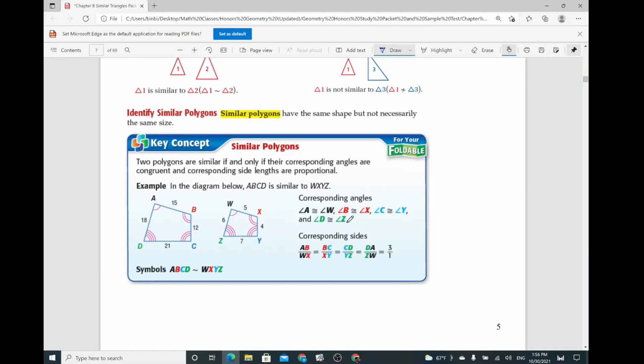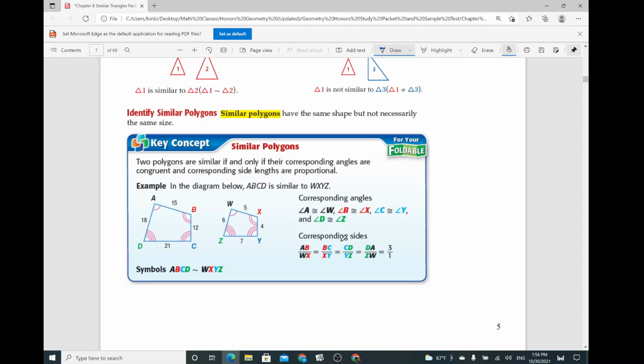Two polygons are similar if and only if their corresponding angles are congruent and corresponding side lengths are proportional. That means angle A is congruent to angle W, angle B is congruent to angle X, and all the corresponding angles are congruent to each other.